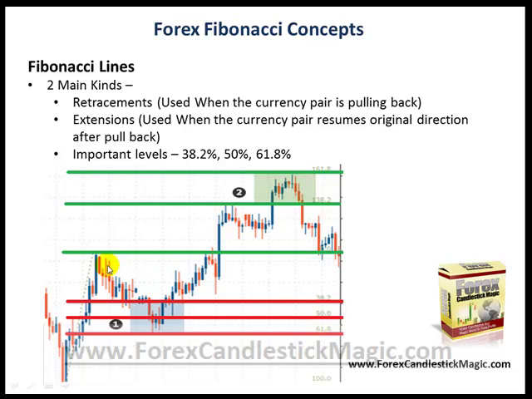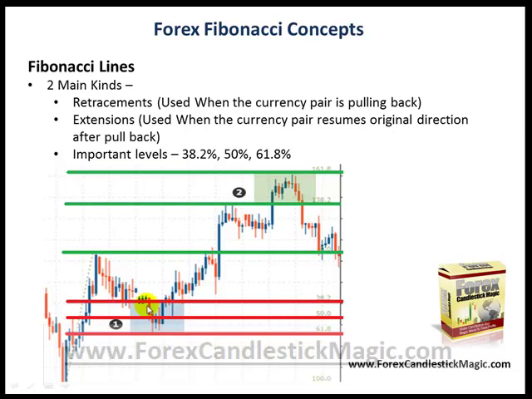What this means is there's a good probability that the currency pair will retrace here, and may either get a support here, or may get a support here. These are the three most common support levels. Or if the currency pair, for example, is moving down, these are the three most common resistance levels.